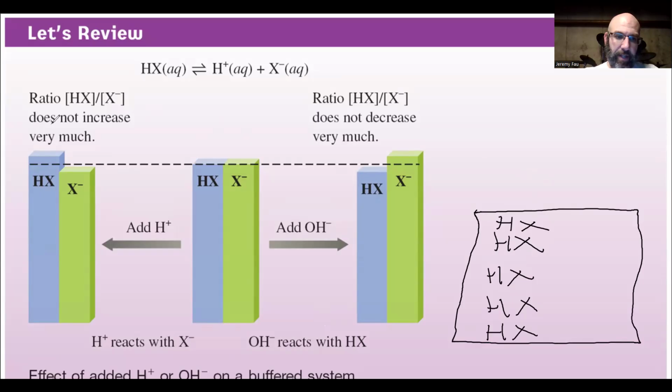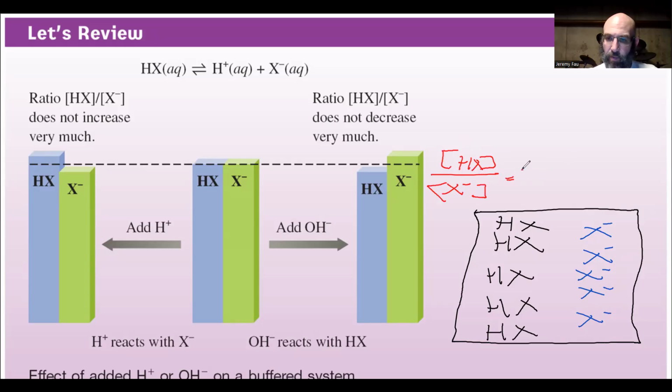And then let's put in blue our conjugate base. Notice right now we have 5 of each, so the ratio HX over X minus equals 1. That's like the ideal buffer.